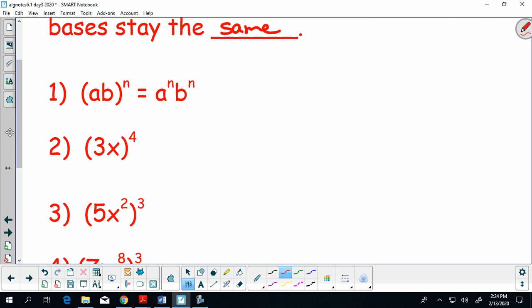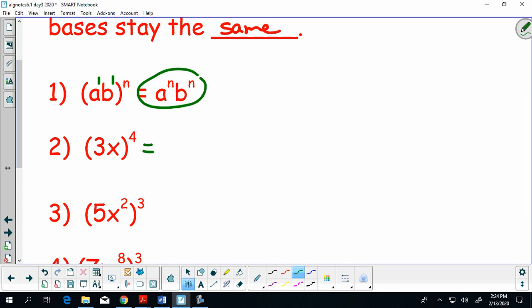So you can see on that first example, if there is no exponent, there is a 1 for each of these. So I copy the base A and I do n times 1, which is n. I copy the base B and I do n times 1, which is n. And this would be the answer because that's not going to go in the calculator.